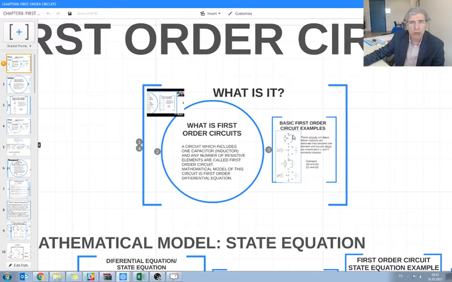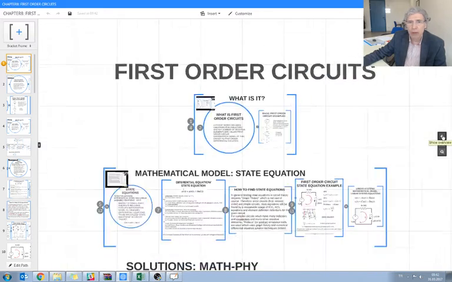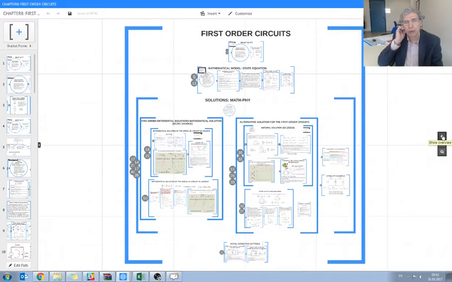What we have been doing in the first order circuits: we said what it is, and we found the mathematical model, which is the state equation. It is a first order differential equation with a special name, called the state equation.